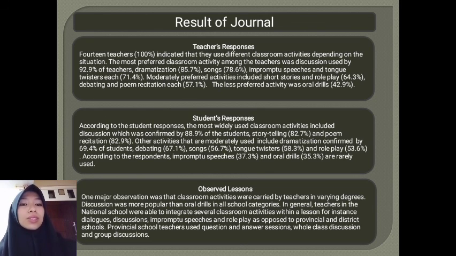The study also established that teachers use many recommended integrated classroom activities including dramatization, discussion, debating, dialogue, role play, impromptu speeches, tongue twisters, oral drills, and reciting or reading poems.